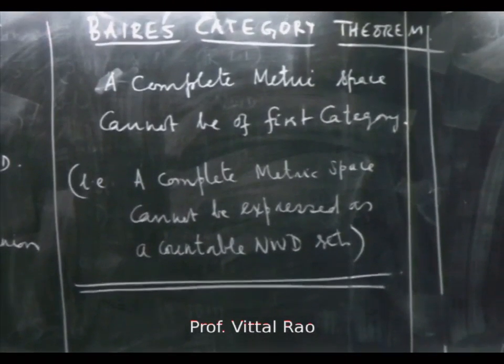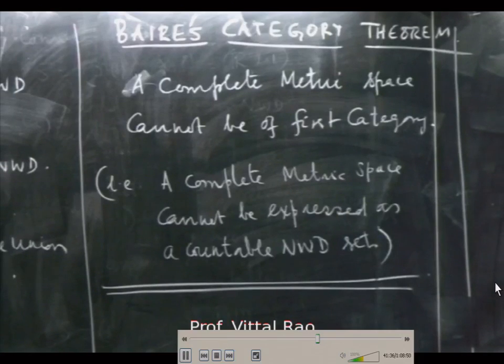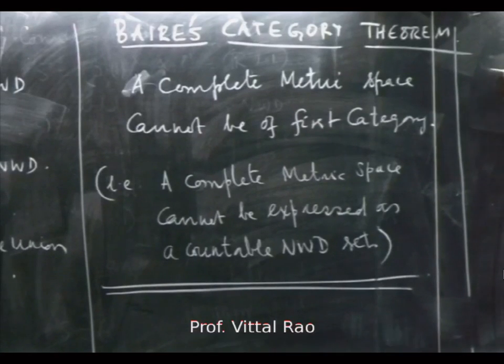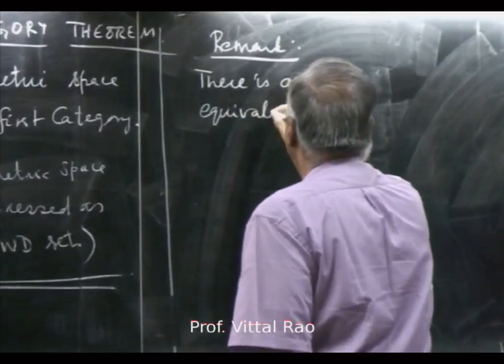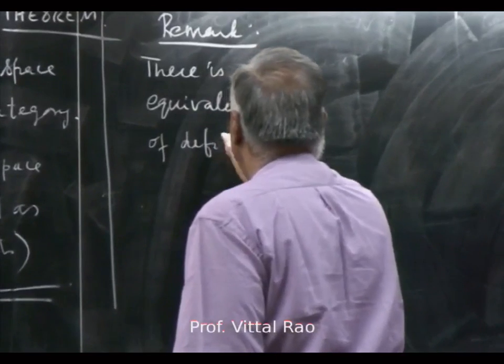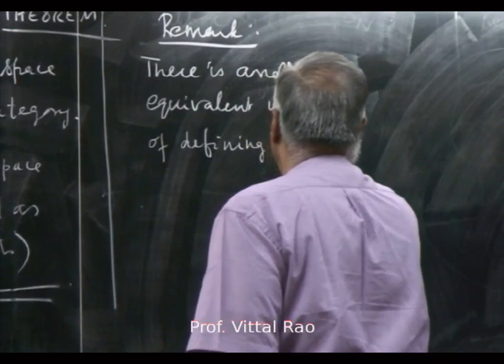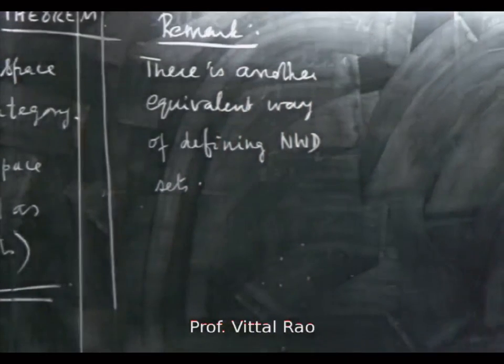What I want to do now is just put another remark. There is another equivalent way of looking at nowhere dense sets. What I gave is the classical way of defining a nowhere dense set, but I like that definition because it tells what is meant by nowhere dense. Wherever you go, you can avoid it.